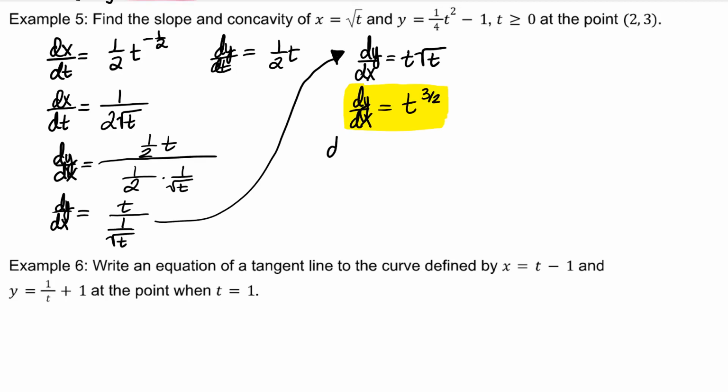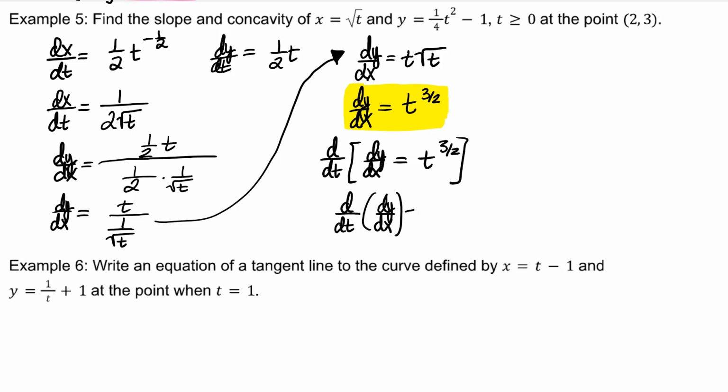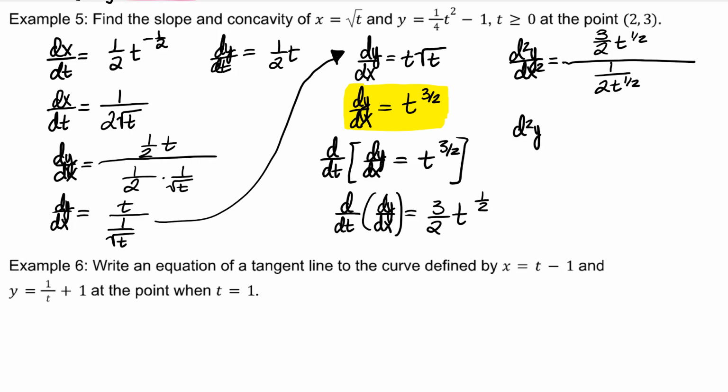I'm going to derive the derivative of y with respect to x with respect to t so that I can get the numerator of the second derivative. To find our second derivative, we're going to put the derivative of the first derivative on top, divided by the derivative of x with respect to t. Which simplifies to be 3t.